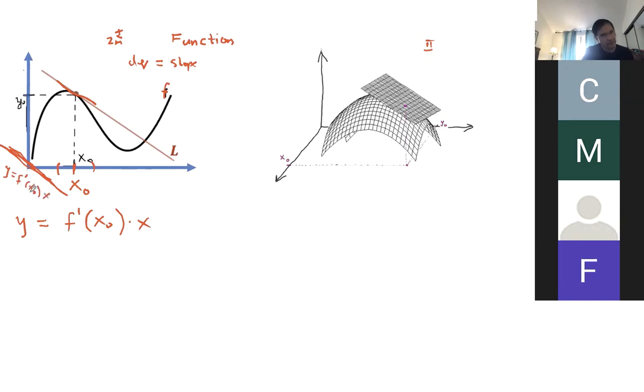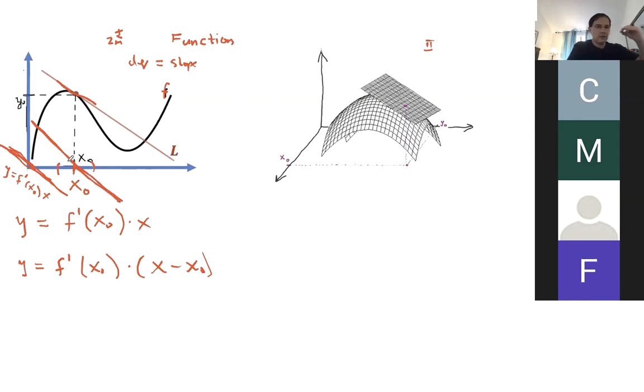Okay, so now the next thing you want to do is shift this function to the right. So now you consider a new function, y equals f prime of x0 times x minus x0. How does this function look? The slope is the same, but the function goes through this given point x0.